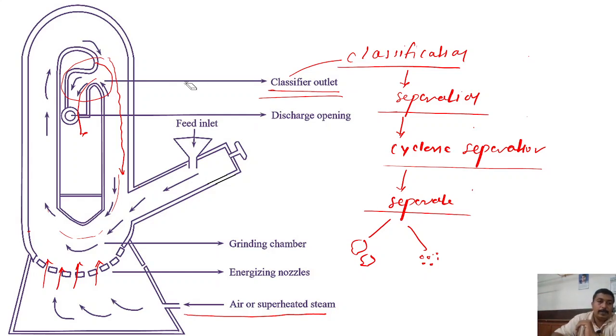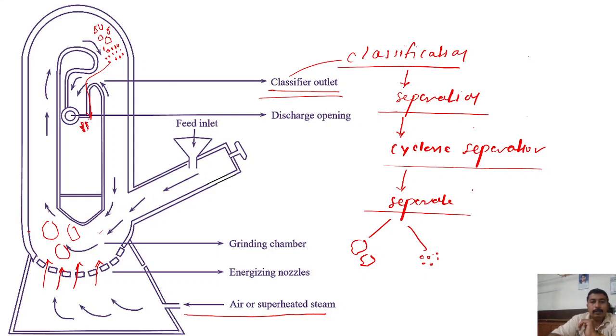Suppose we introduce coarse powder particles from here, quite coarse. Later, through impact and attrition, fine powder particles are obtained. Quite medium sized powder particles are also present. Fine powder particles are collected here.